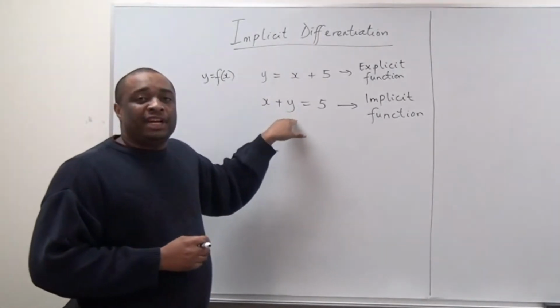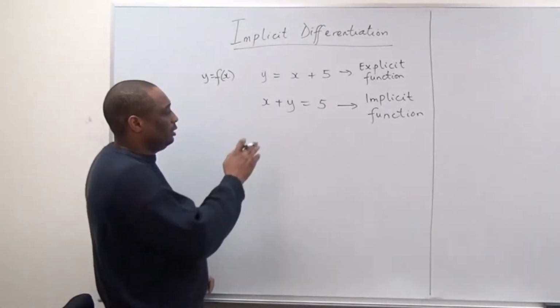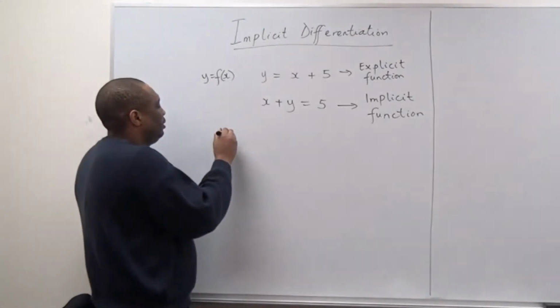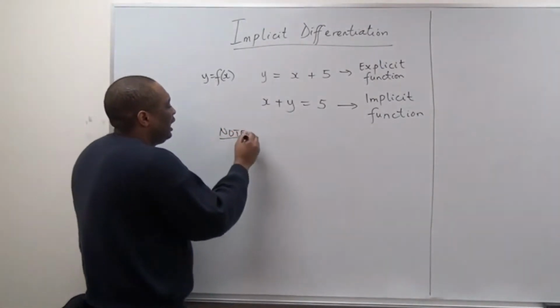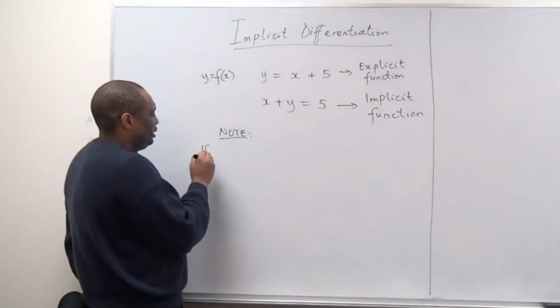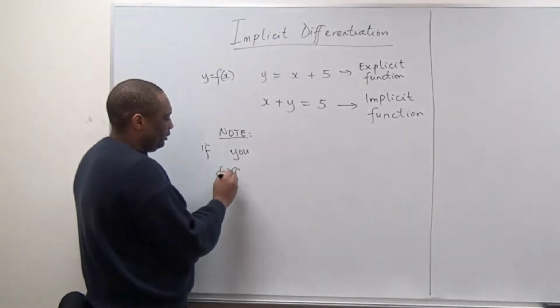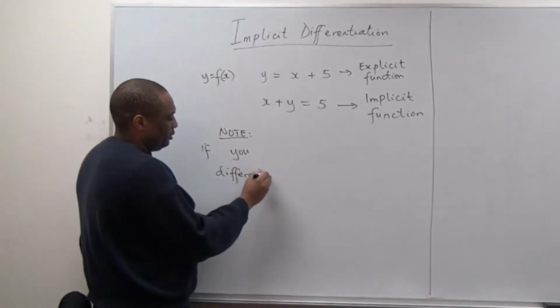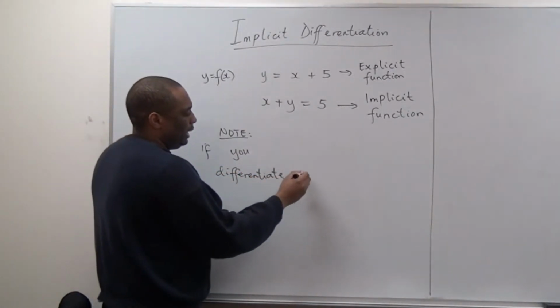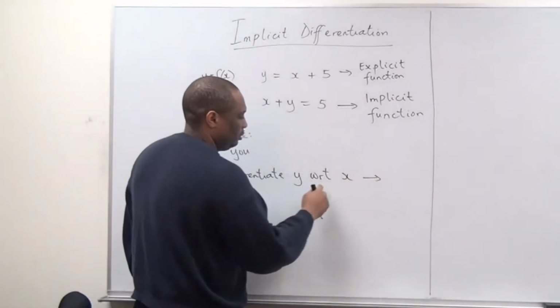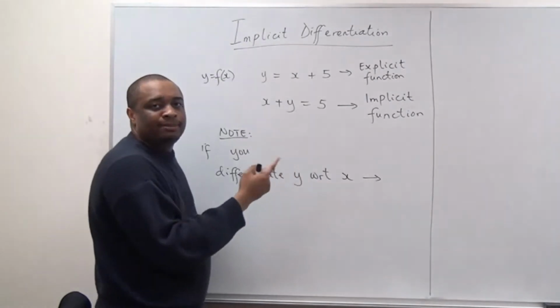But now when you differentiate y, this is what you have to know extra. What do you have to know extra? If you differentiate y with respect to x, WRT means with respect to.